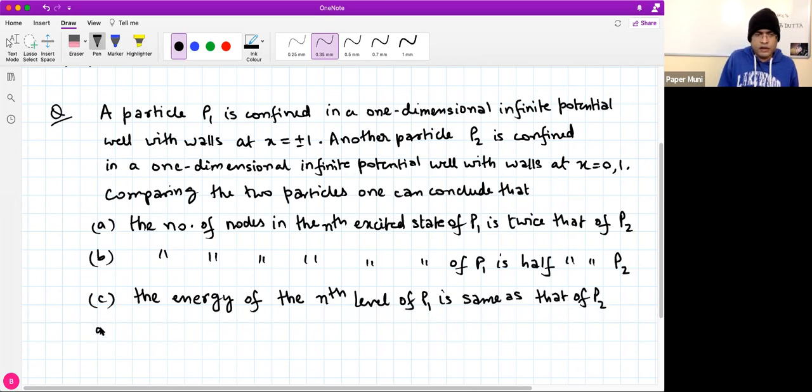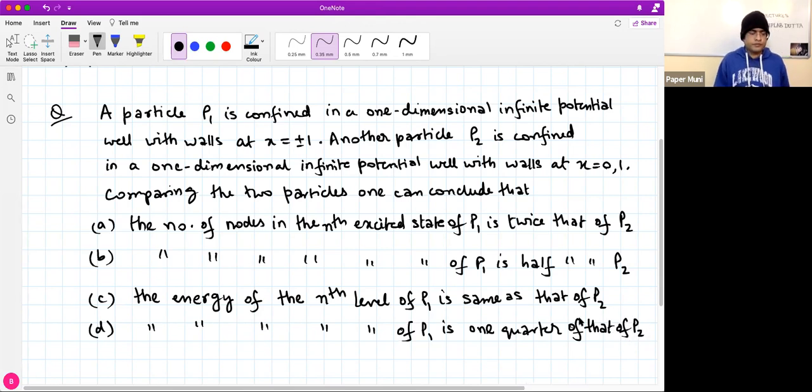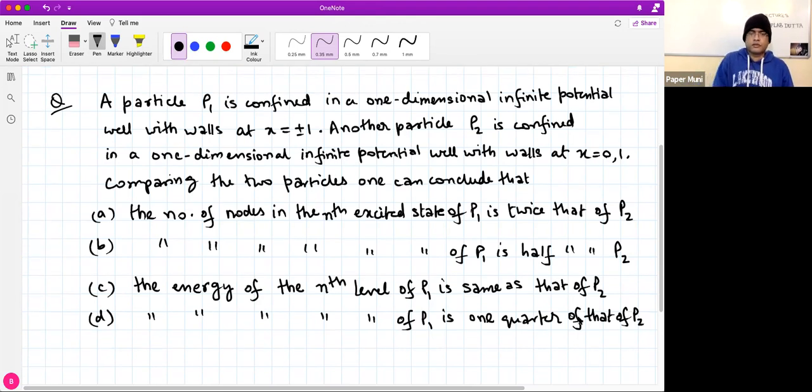And option D, the same statement but written in a different way: the energy of the nth level of P1 is 1/4 of that of P2. All right, so this is the question.